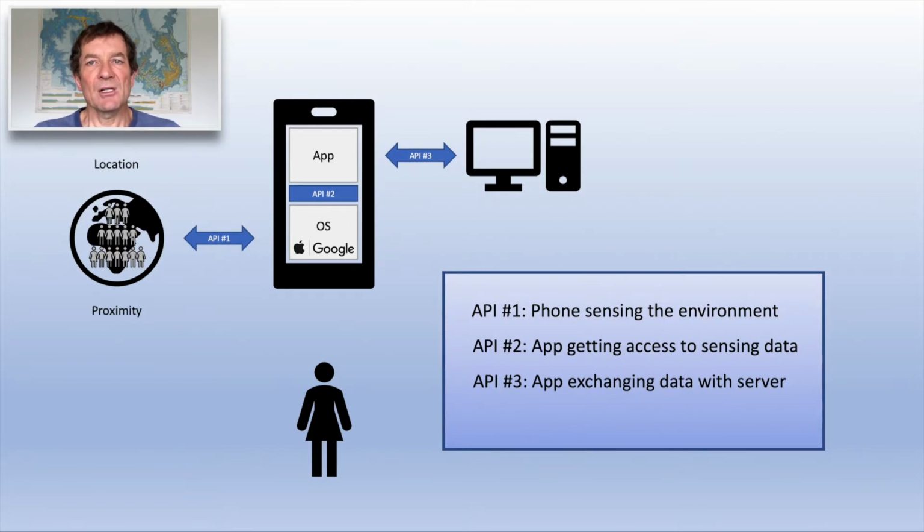Now, in many models, what happens in this case is that if I've been infected, my trace data will also be sent to the server. Because now that I've been infected, it's important that other people know where I've been, so that they can figure out whether they have been in contact with me, have been in proximity with me. So in that case, this API is a communication channel where, if somebody was infected, all the data will be sent to the server.